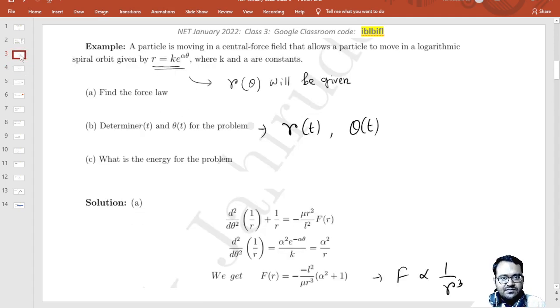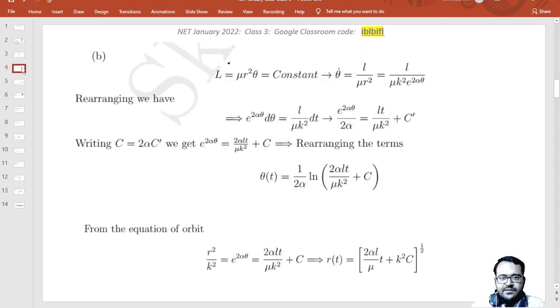Next will be a trick. After getting the force law, if the orbit is given and I need to integrate and find r and theta, how would I proceed? We start from the definition of the angular momentum, L is mu r square theta dot.